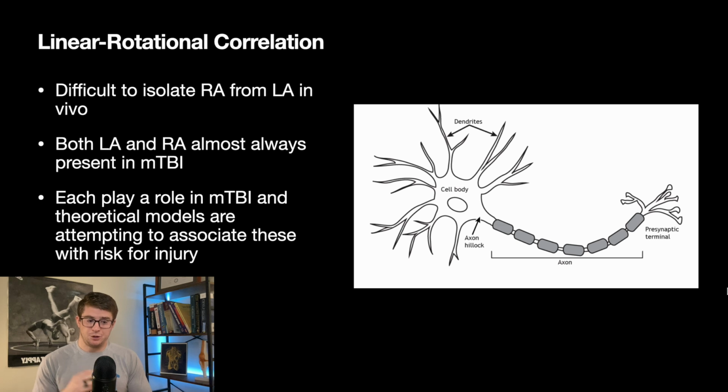So each plays a role in these mild traumatic brain injuries, and these theoretical models are attempting to associate the degree of linear acceleration and rotational acceleration, which one plays maybe a bigger role, and then associate them with the risk for injury. So whenever we see these things happen, what can it tell us about maybe the severity or the nature of the injury?